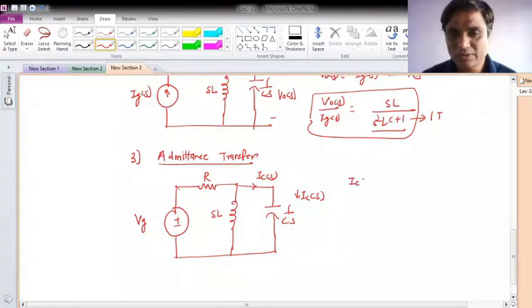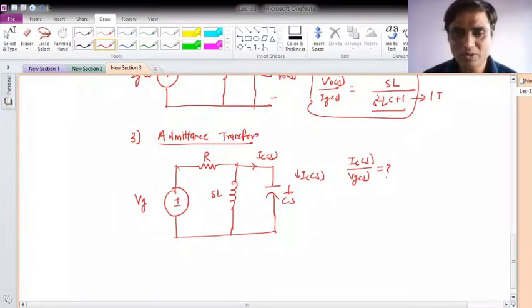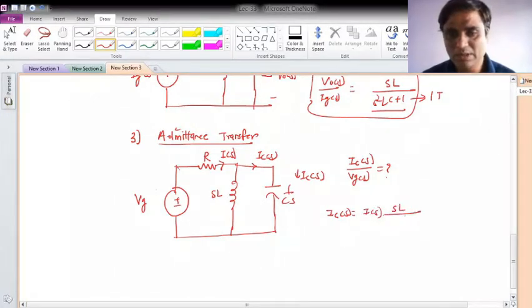This transfer admittance can be obtained if I am able to compute IC of S upon VG of S. In order to know IC of S, I should know the total current here. Let me call this I of S. First, IC of S will be equal to I of S into SL divided by SL plus 1 over CS.